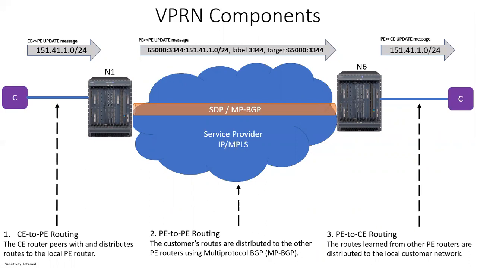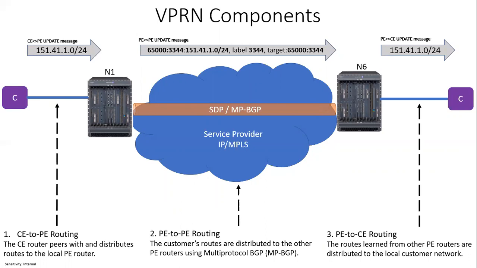So really any IGP can be used to exchange routes between the customer edge and the provider edge. More commonly, you'll see BGP4 being used. So that's what we're going to use in our lab.